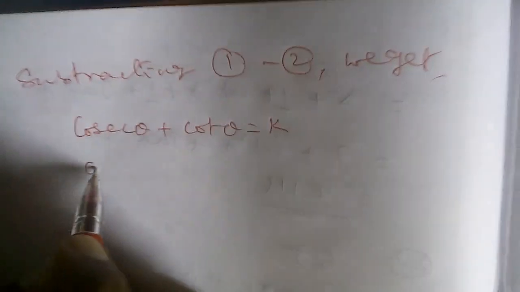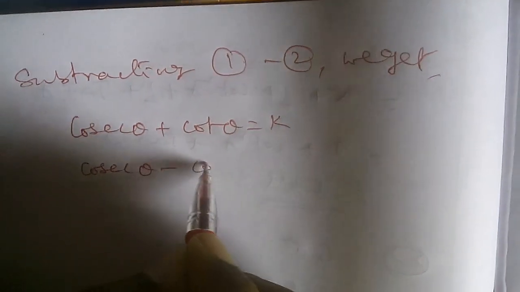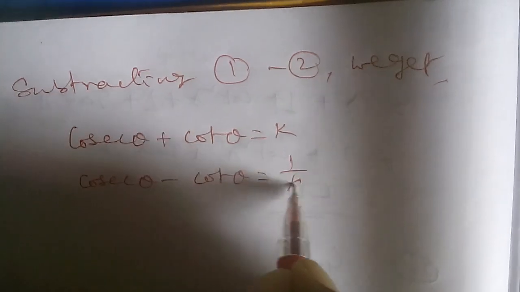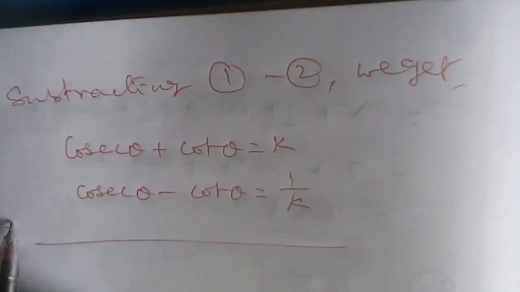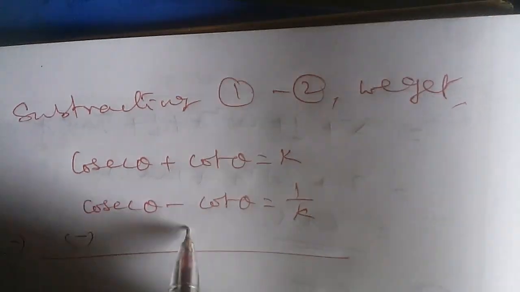Subtracting 1 minus 2, we get cosec theta plus cot theta is equal to k, cosec theta minus cot theta is equal to 1 by k. So when you are subtracting, the symbols change.